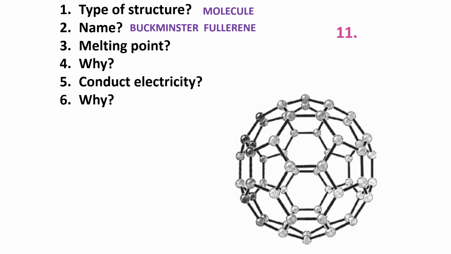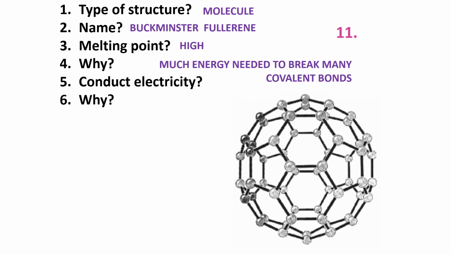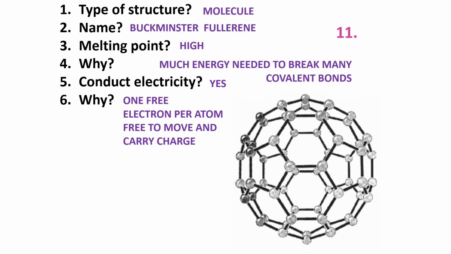Its melting point is going to be high because much energy is needed to break the many covalent bonds. And you can see that there are only 3 bonds per carbon, not 4. So therefore, yes, it will conduct electricity because there's 1 free electron per atom free to move and carry charge.